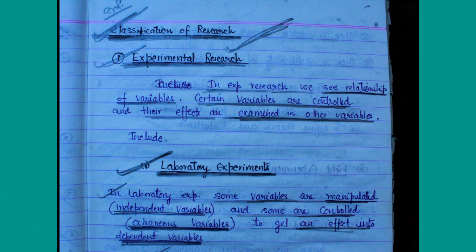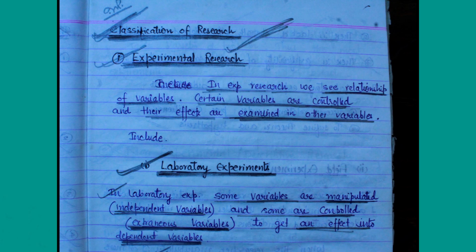For example, I control temperature and pressure, and now I see its effect on my dependent variable, on my pest population, on other things. So one variable is the one on which you are seeing the effect, and the other set of variables are those you are manipulating, where you make certain changes so that you can have an effect on the dependent variable. So this is experimental research.